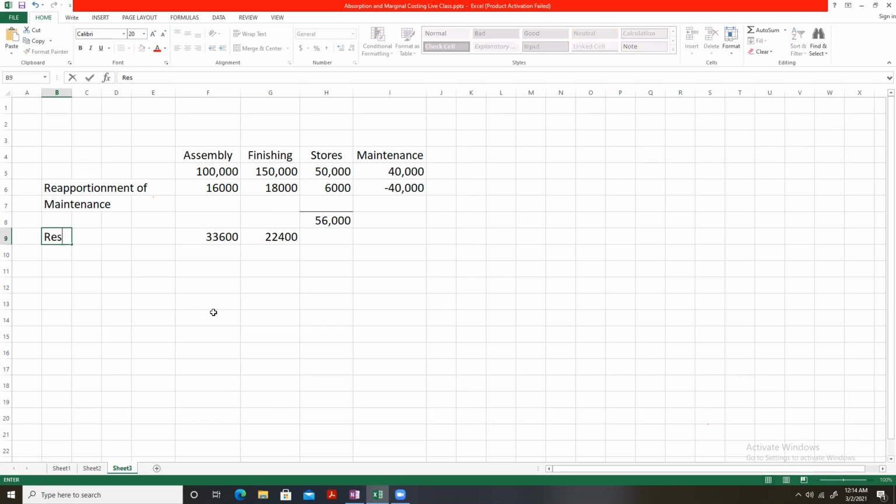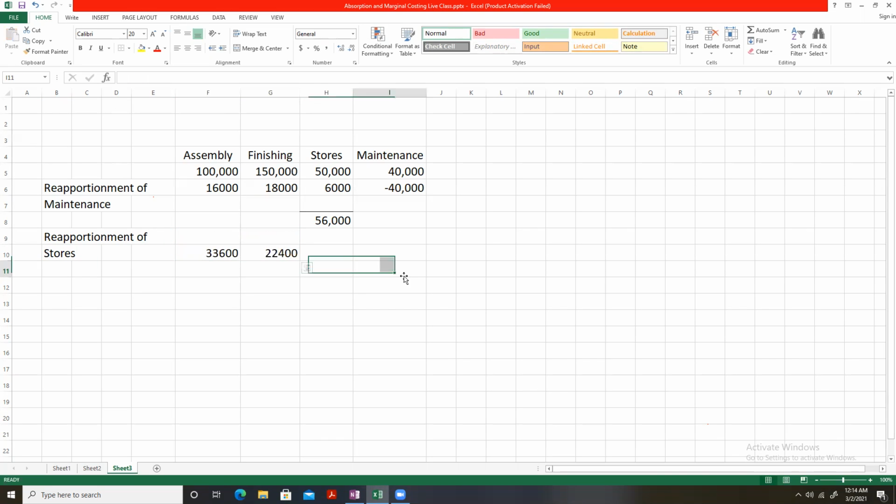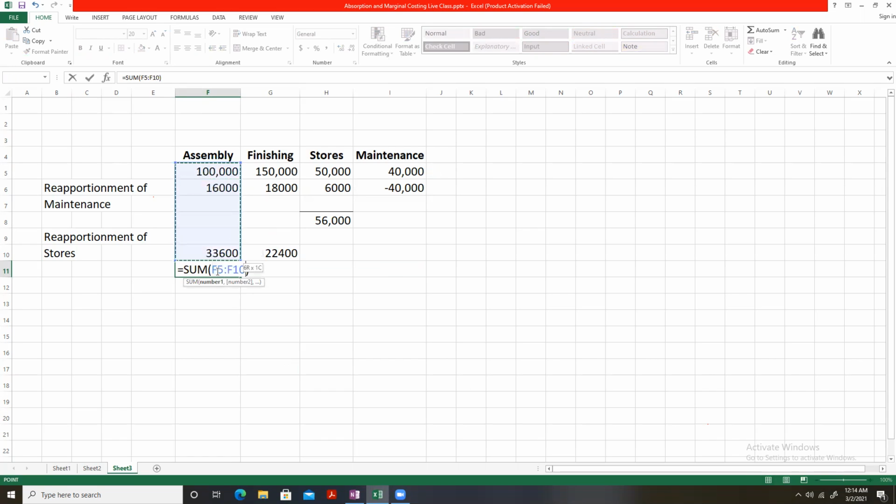This is the reapportionment of stores. Now, the total of assembly: these are the total overheads reapportioned to the assembly department, and the total of the finishing department's overheads will become 190,400.